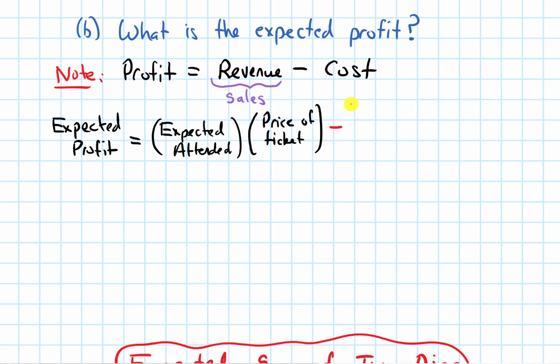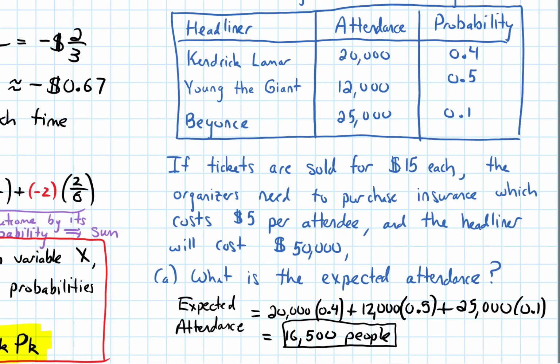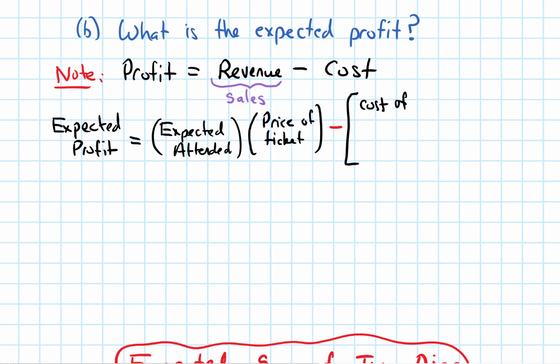But this question said there were two types of costs. Let's go back to the problem. There was the cost of insurance, and there was also the cost for the headliner, so having to pay these artists. All right, so writing that down, we have to consider the cost of insurance, and add that to the cost of the headliner.